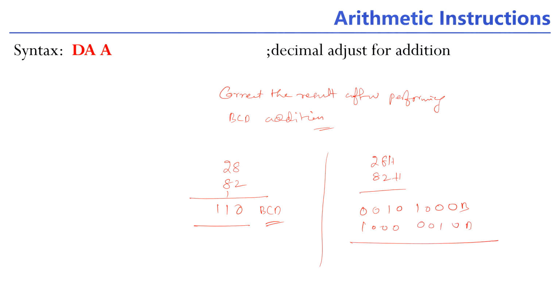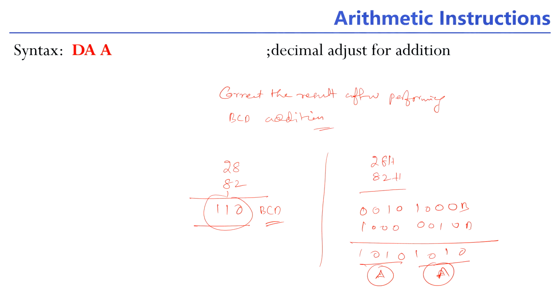Then your controller will add like this, binary addition, 0101 0101. Actually, you are getting AAH as hexadecimal result. But our actual requirement is this BCD format.